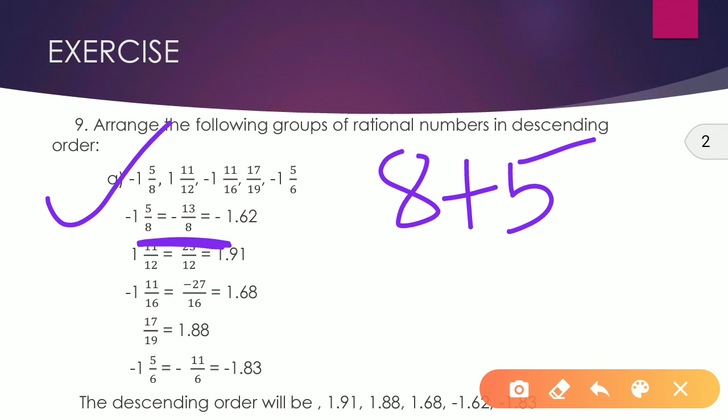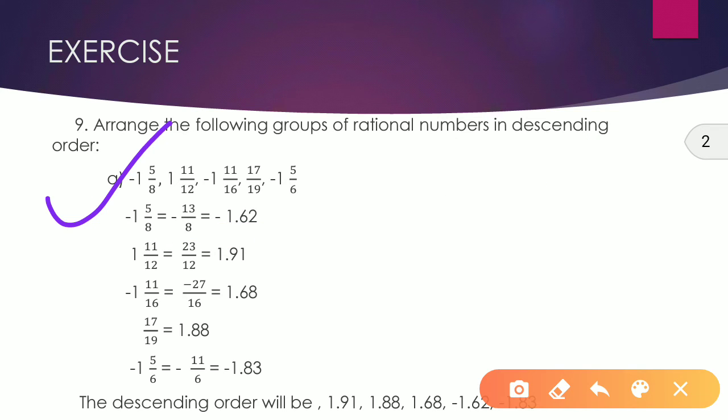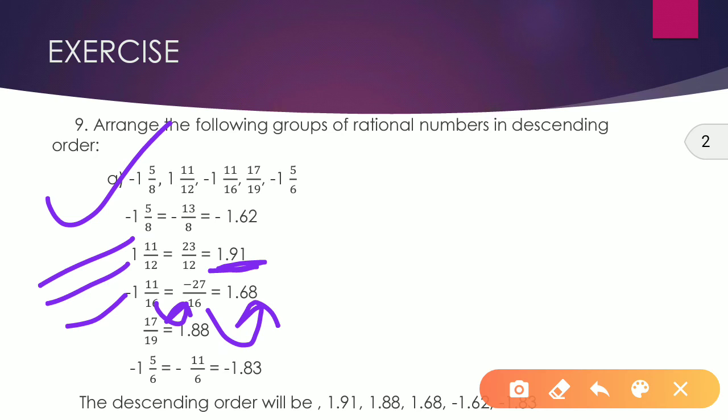Now you convert this 13 by 8 into decimal, which gives you minus 1.62. In the same way, this is also given as a mixed fraction. First convert it into a simple fraction and then convert it into decimal. In a similar way, first convert this into a simple fraction and then into decimal.